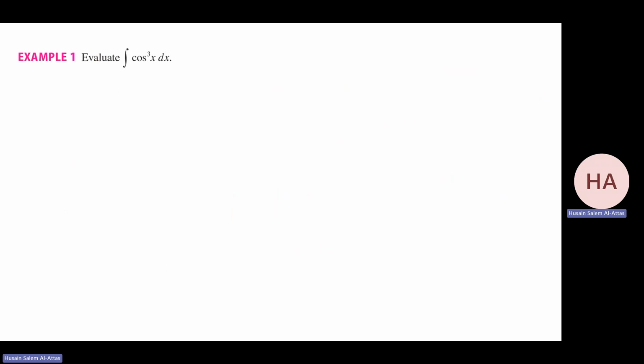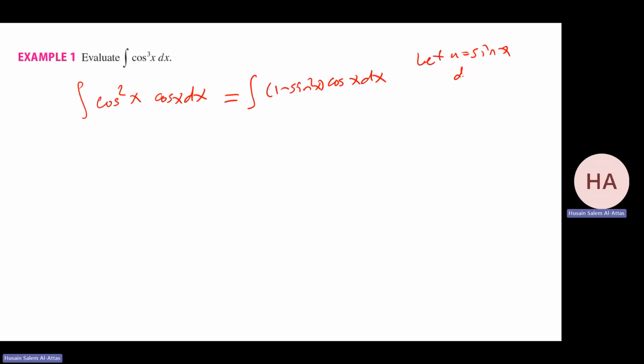Cosine cubed, odd, don't worry. Cosine squared times cosine x dx. Then I'll change cosine squared into 1 minus sine squared x times cosine x dx. I will let u be sine x, du will be cosine x dx.